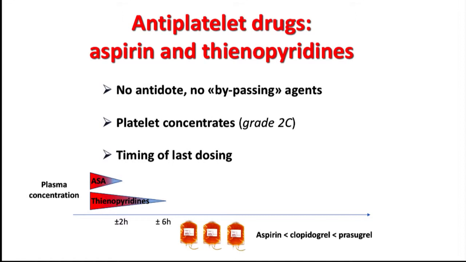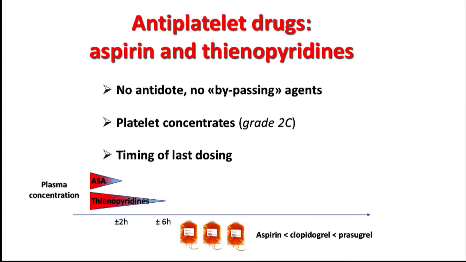But again, the timing between the dosage and the platelet infusion is also important, since you don't want active metabolites in the plasma to inhibit the platelets that you just infused. And you have here some guidance on the time: 2 hours for aspirin, 6 hours for clopidogrel and prasugrel.